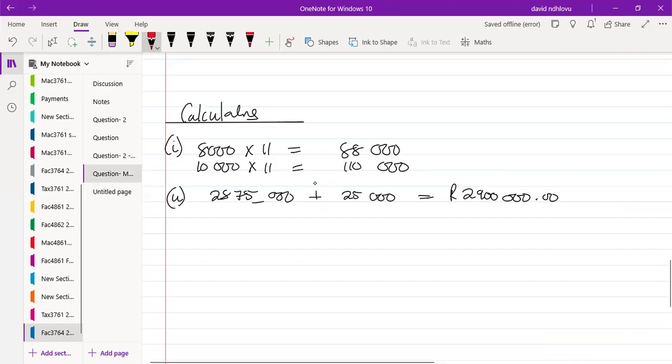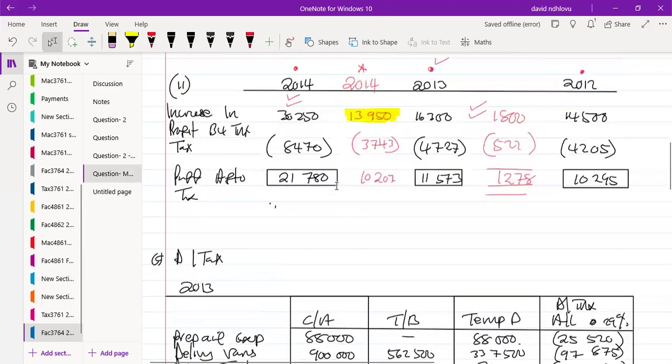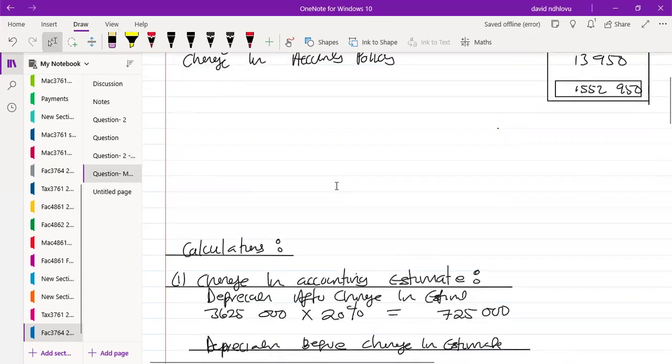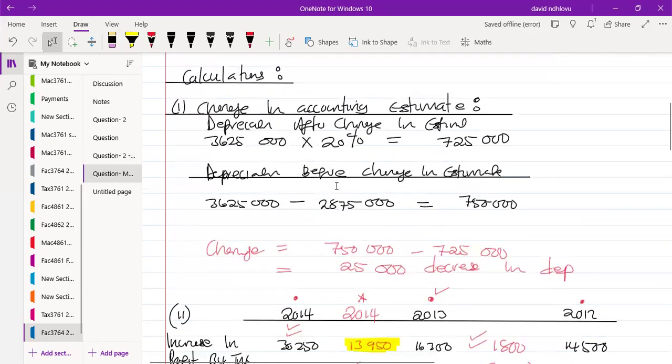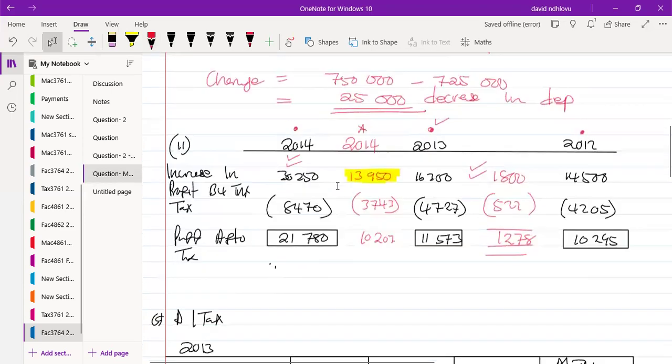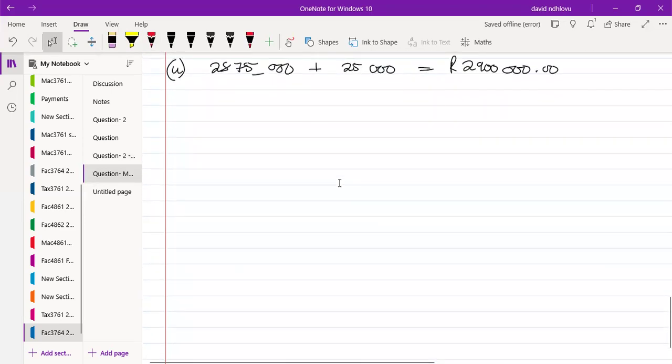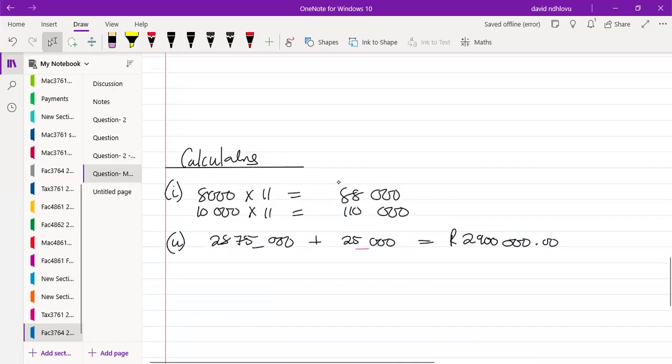However, in our calculations, we said the depreciation must now change, and the depreciation must be 725. But remember, we had already deducted 750, and then we corrected the depreciation to 725. So there's been a decrease in depreciation of 25 rand. A decrease in depreciation means an increase in the value of the asset.